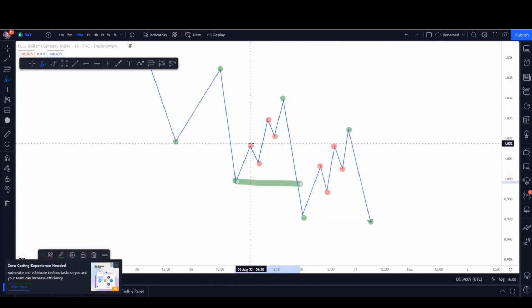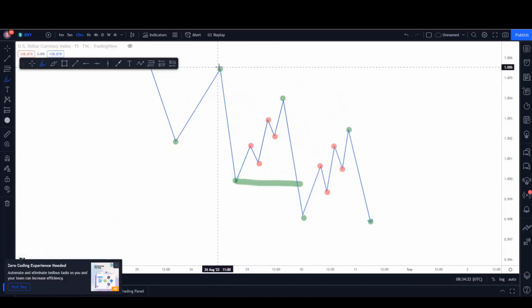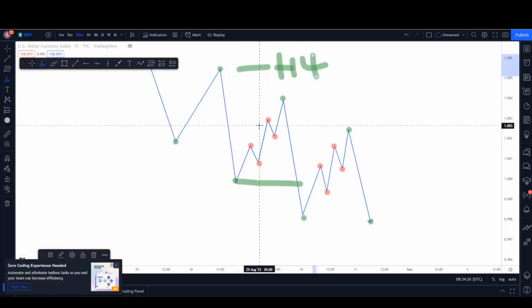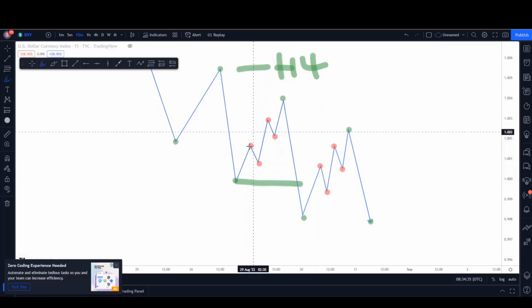So for this to be a structure point, price needs to come below this low right here. Same for this one. Price never made a lower low, so this can't be a lower high. So let's say our green is H4. These red ones will be H1 and 15 structure, which causes the pullback, which looks bullish, but these are not your H4 structure points.